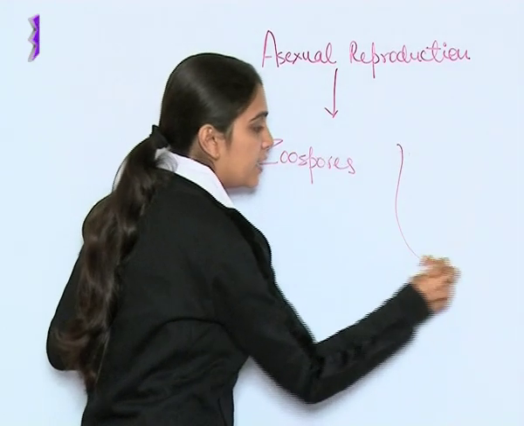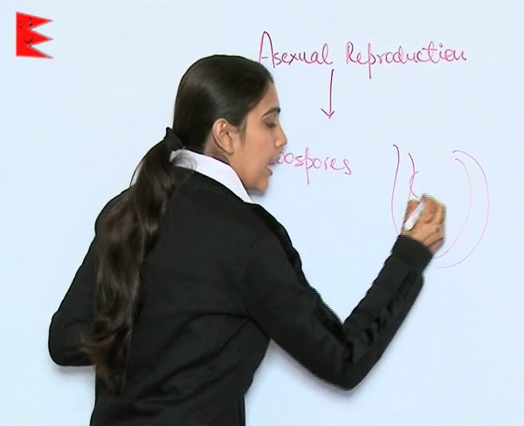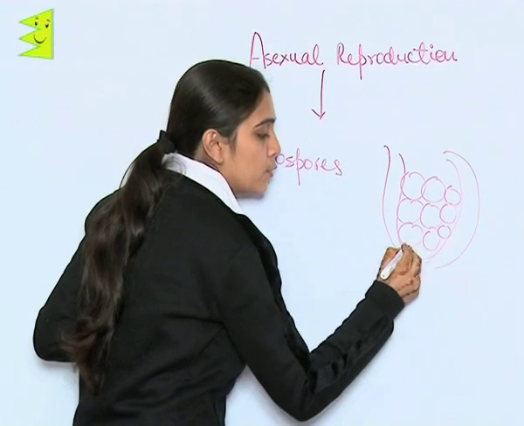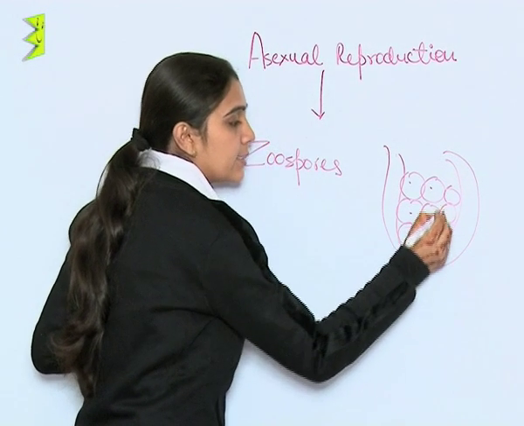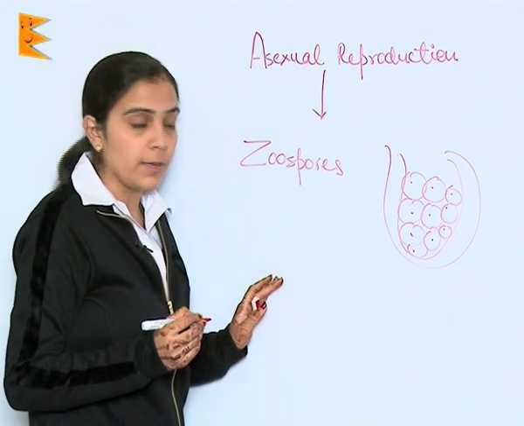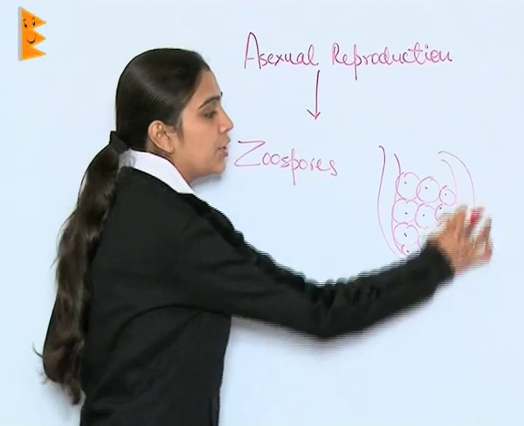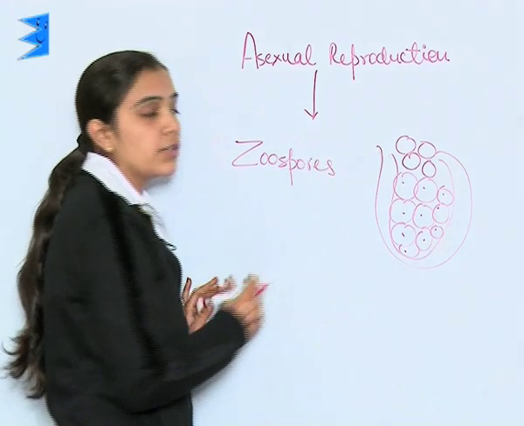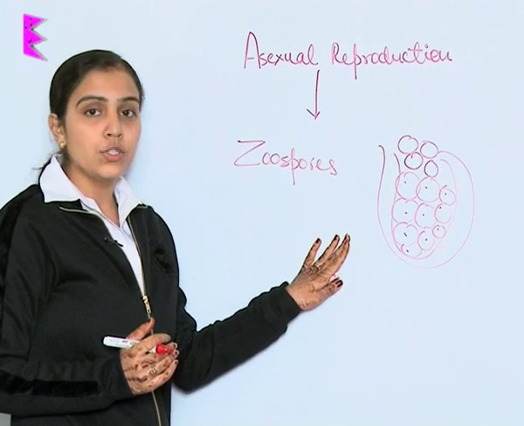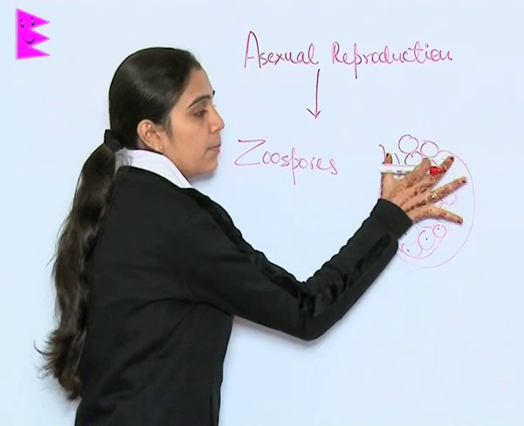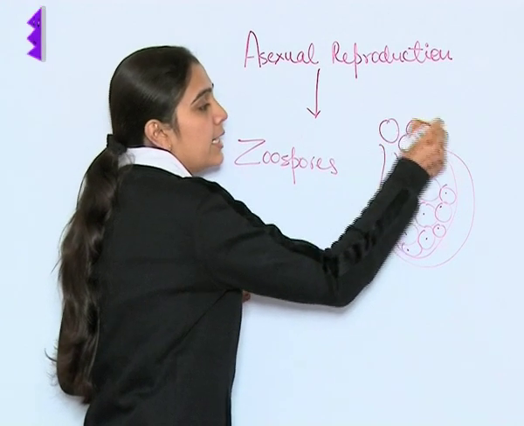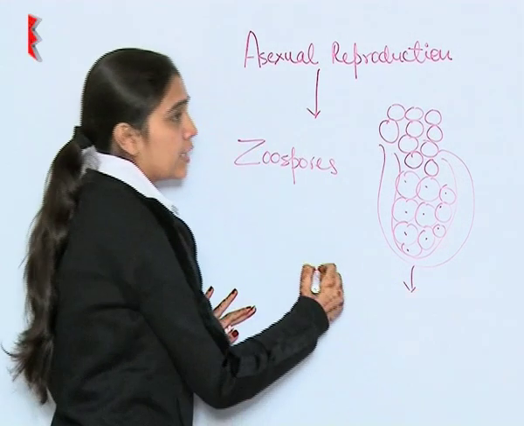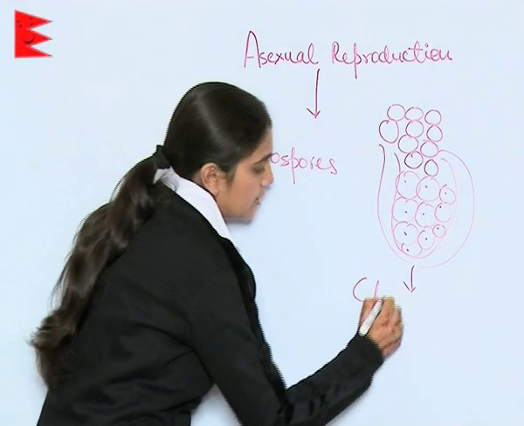In this, the parent body contains a number of offspring in the form of zoospores like this, and when the external environment is favorable, that is, the external conditions are suitable for the sustenance of these zoospores and further growth into offspring, the wall bursts and zoospores are released, thus giving rise to new offspring. This is seen in the case of Chlamydomonas.